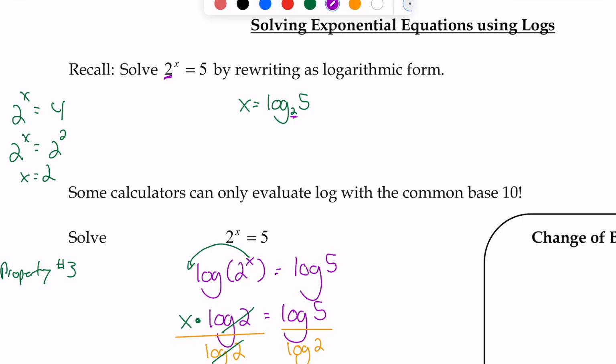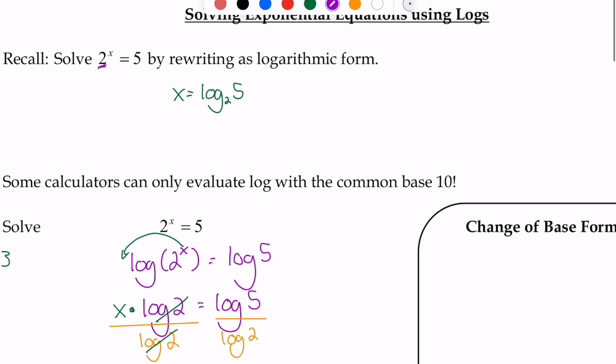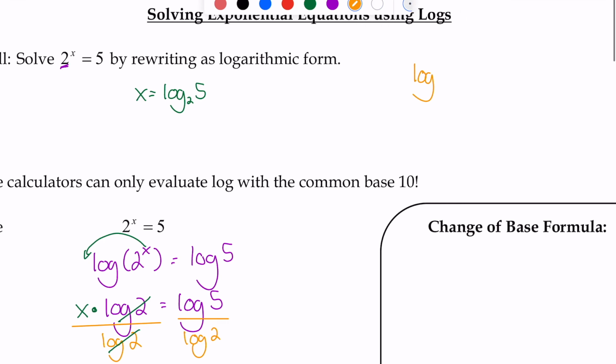If this was the question you were asked to solve, x equaling log base 2 of 5, most calculators only have a single log button. You'll find that on your calculator. And calculators are programmed to assume base 10. Well, we don't have base 10 in this problem.